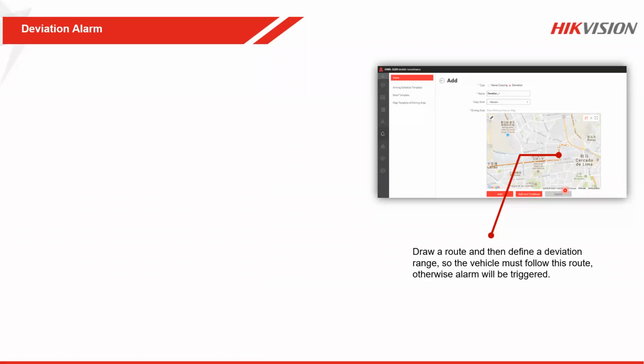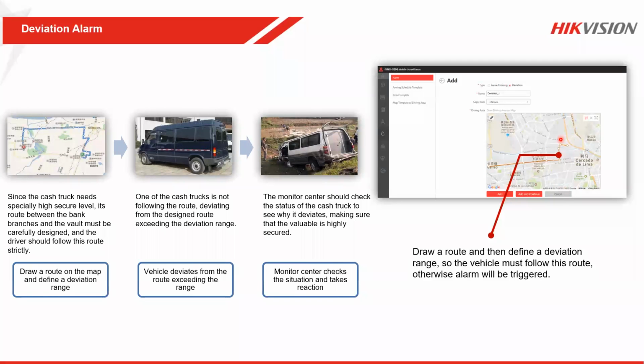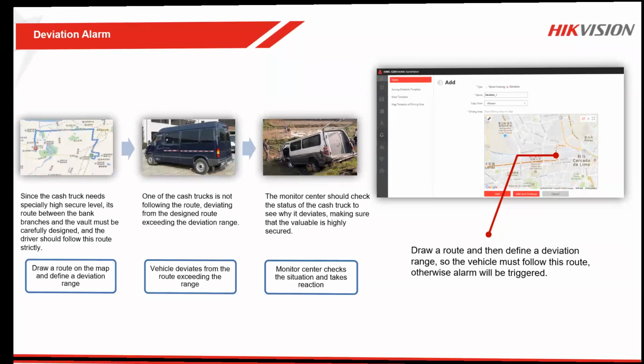They need to follow certain routes, because you do not want them traveling through back roads where hijacking incidents can occur. They need to take main roads and not go off. So each vehicle can be given a specific route that they need to follow, and whenever they veer off the route, an alarm can then be triggered into the control room.